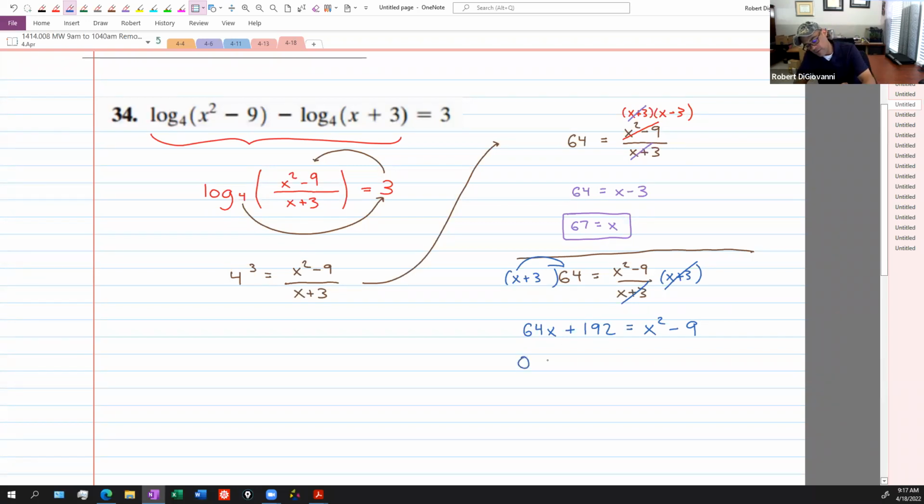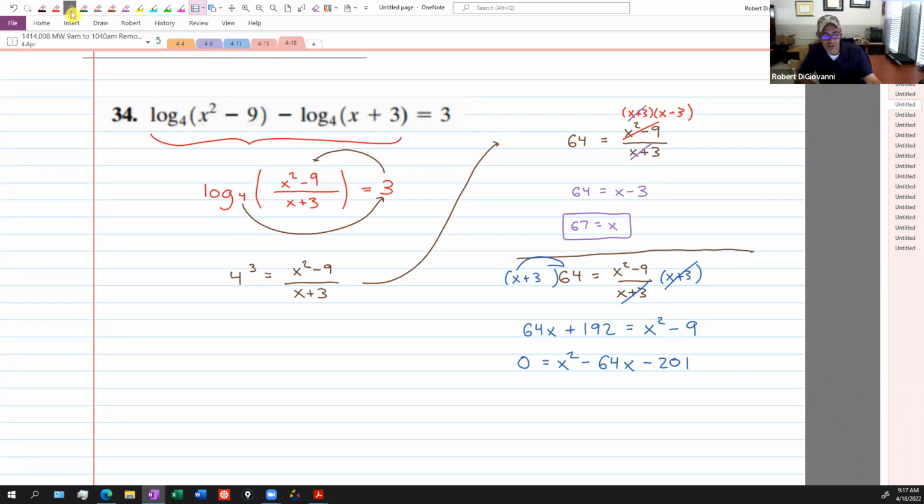I'm going to have 0 equals x squared minus 64x and then minus 201. And then you have to solve that. So you can either try and factor it, or you can do the quadratic formula. But you should get 2 solutions, right? You should get 2 solutions here.